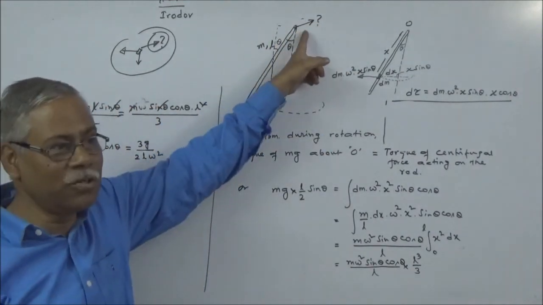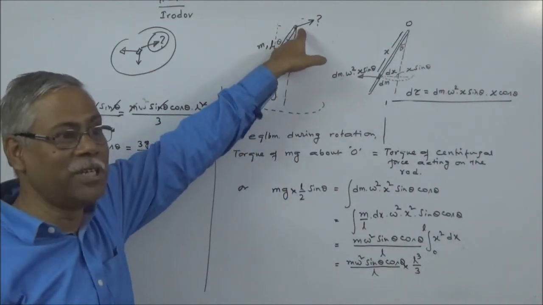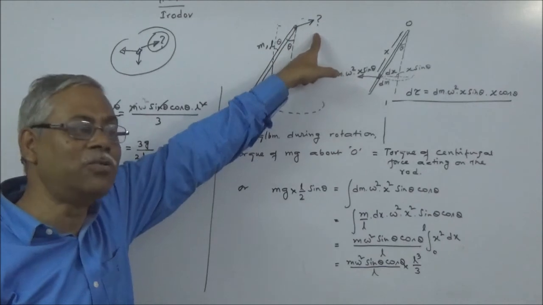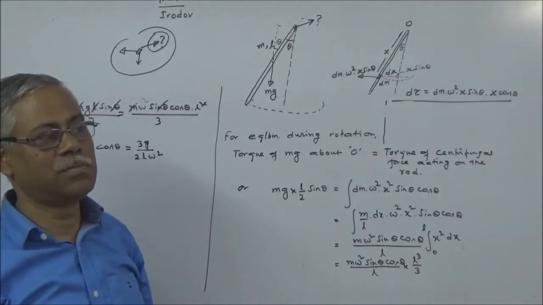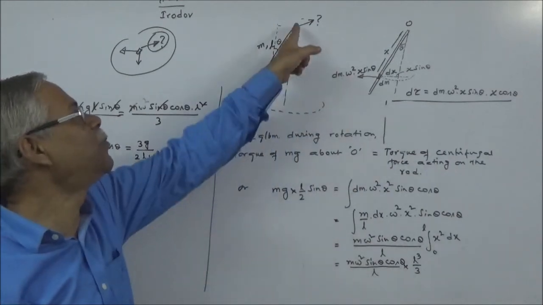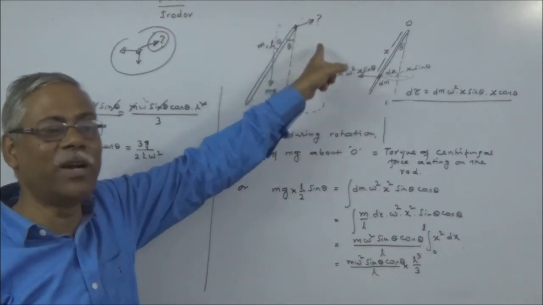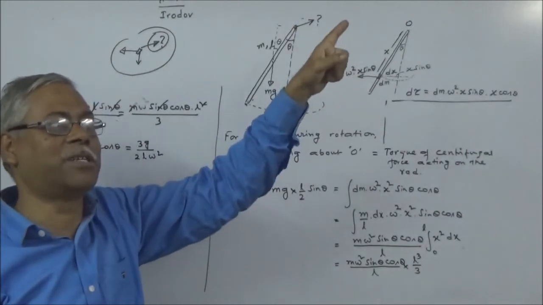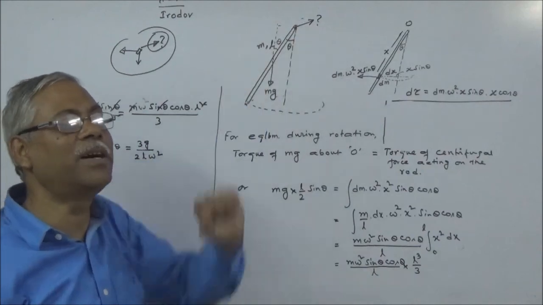Fortunately you are calculating the torque about this point, so this force will not count, as its torque will be 0. This force is acting right at the point of suspension and you are taking the torque about the point of suspension, so it does not appear in the equation.